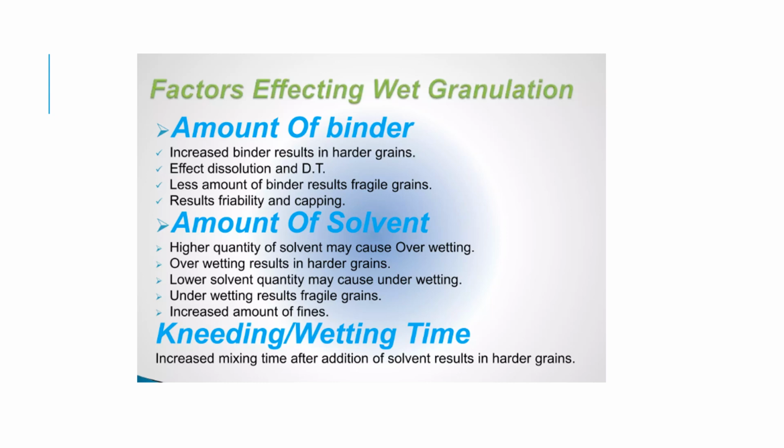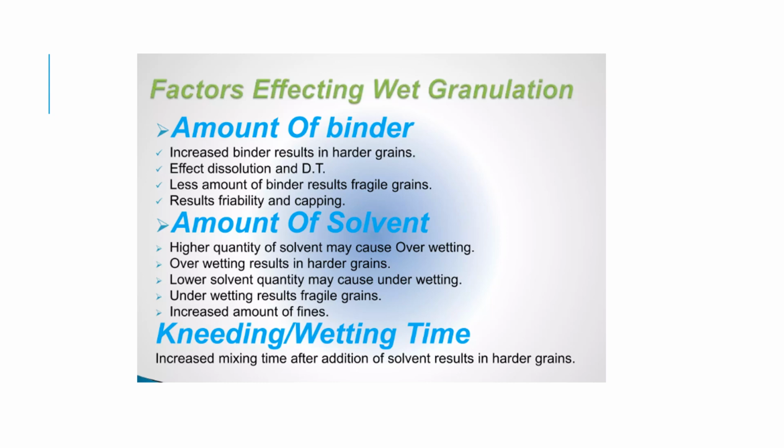If the amount of binding agent that we have added is more, it may result in harder granules. If harder granules are formed, the tablet formed also will be much harder, which can affect the dissolution and disintegration time, and finally affect the bioavailability.